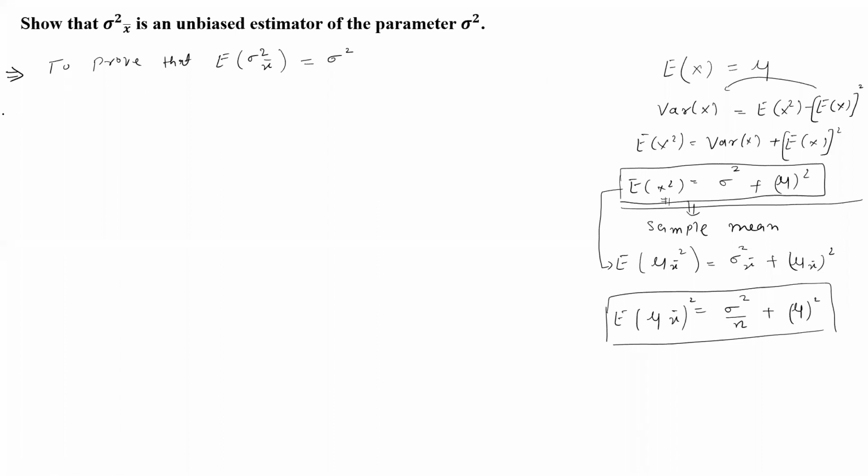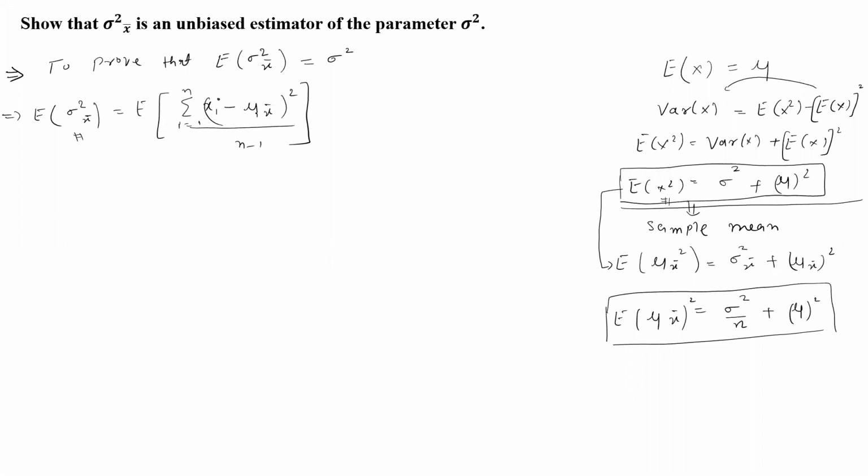Now let us come back to this question. The expectation of sigma square x bar: we already know the formula. This is a variance, so it is the expectation of the sum of the data's deviation from the mean, squared, divided by n minus 1, with i from 1 to n, small n, because it is per sample.